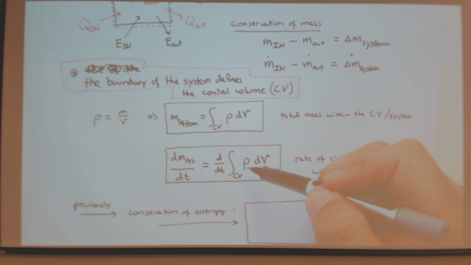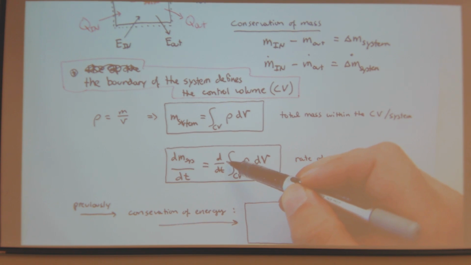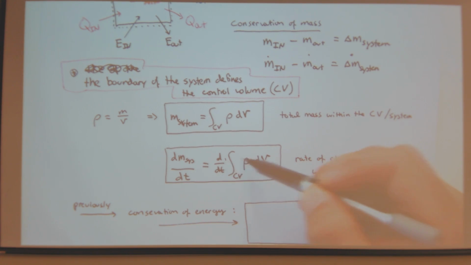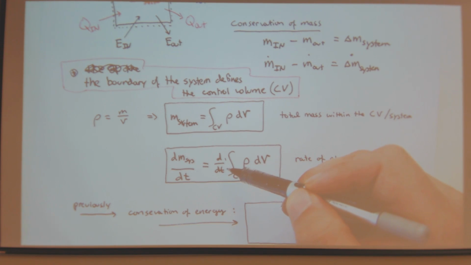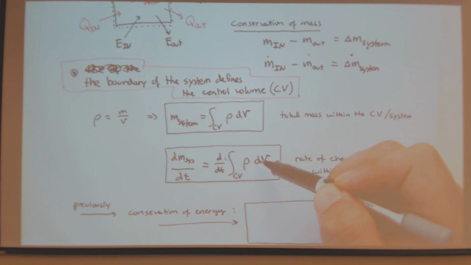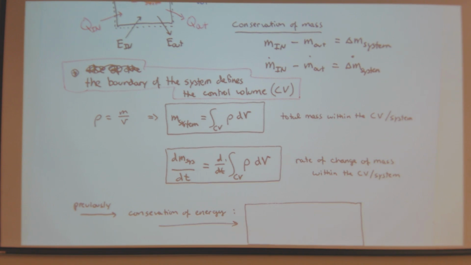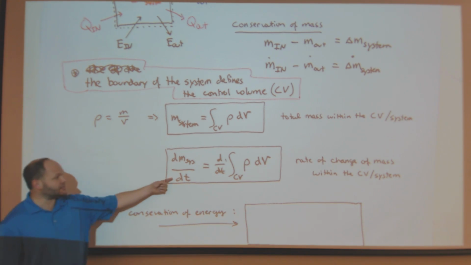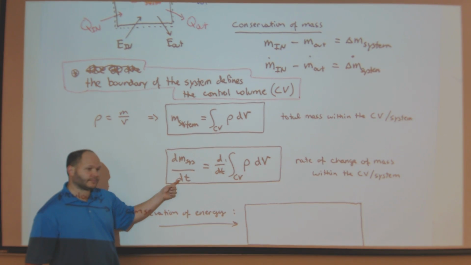So if my mass was constant, I could take it outside the integral, and then if it's constant, you know that there's no d dt there, right? So then it would just end up being, do I have a time rate of change in my control volume? If so, then I have a time rate of change in the mass of the system.